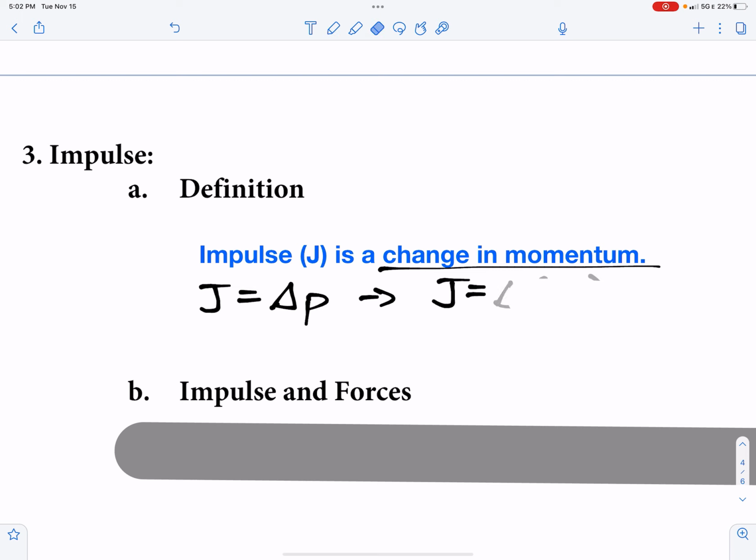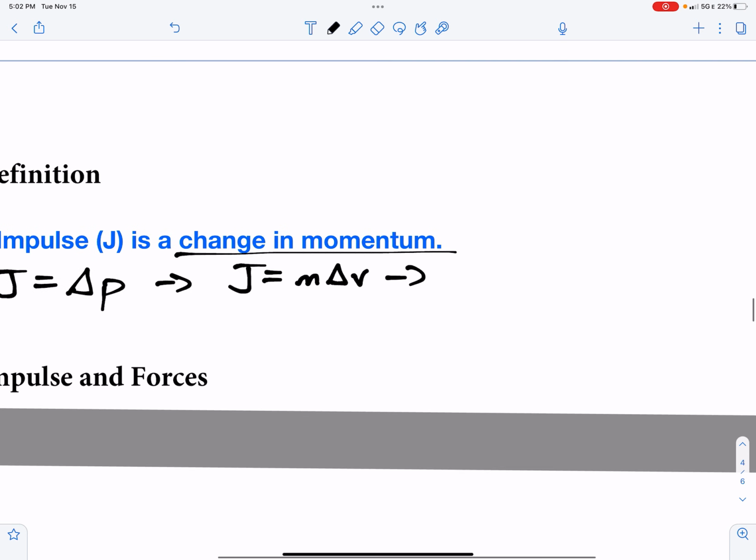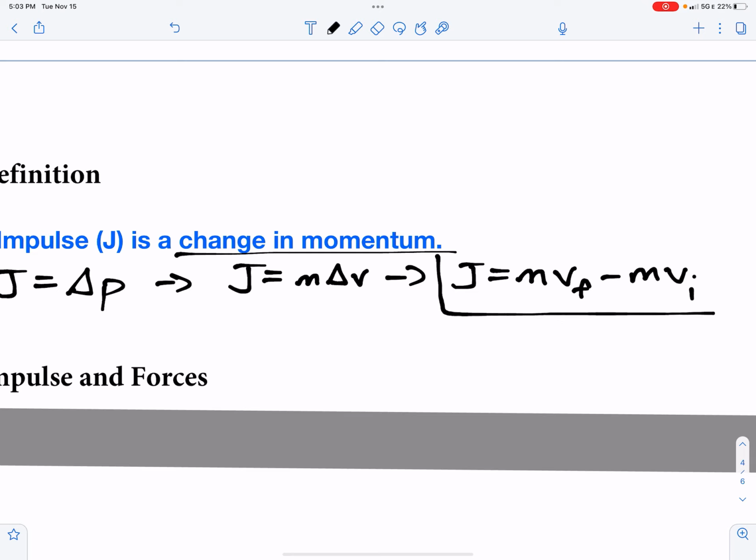But that might not be the best way to write it. Because what's really changing, it's not the mass. The mass doesn't change. It's the velocity that changes. So it's mass times a change in velocity. Or how about this? We could write it as simply mv final minus mv initial. Okay, so that's one way we can calculate the impulse.